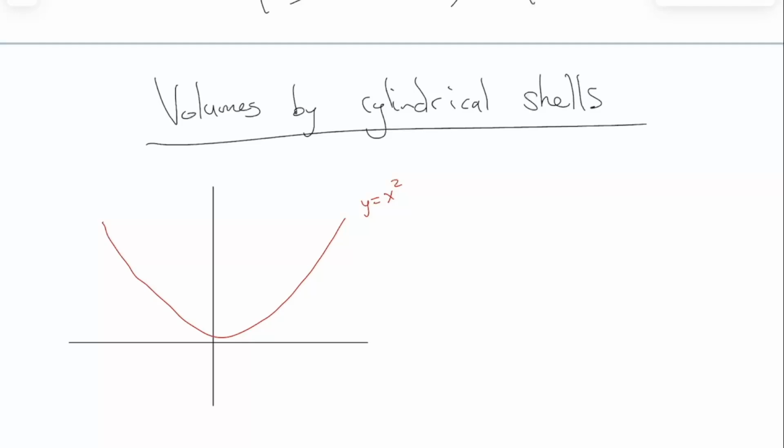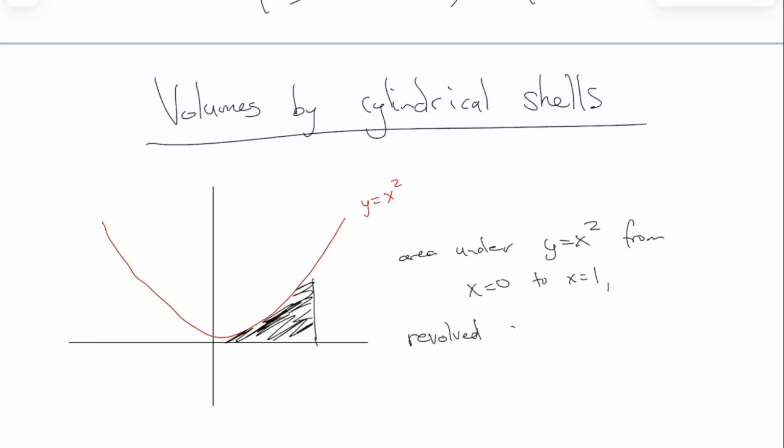And I revolve this around the y-axis, but I want this part of it: the area under the curve y equals x squared from x equals 0 to x equals 1, and then revolved around the y-axis. So what you get is kind of a weird-looking bowl situation. It's a round thing which has a basin inside of it, which is parabola shaped. All right.